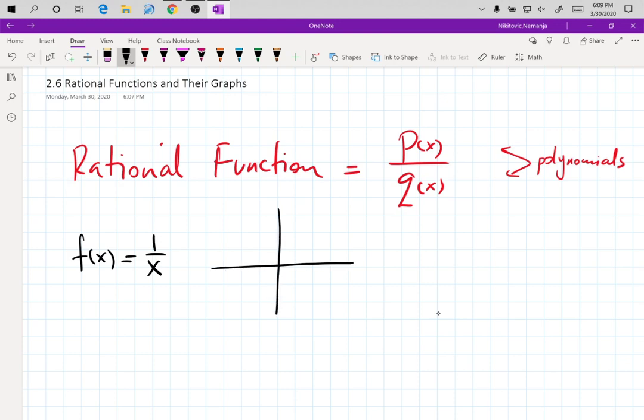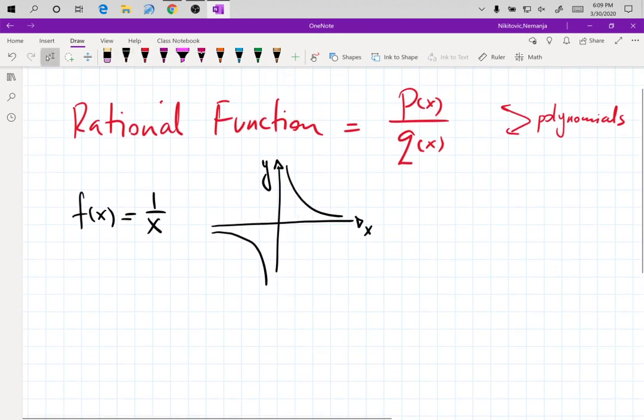We memorize the graph. The other ones we have to compute. This one we memorize. And now we take a look at all of the specs of this particular function. Number one, obviously, domain.